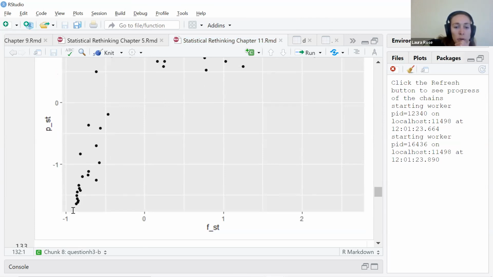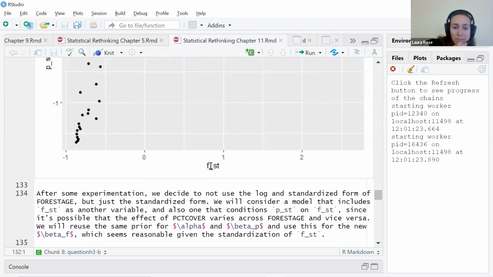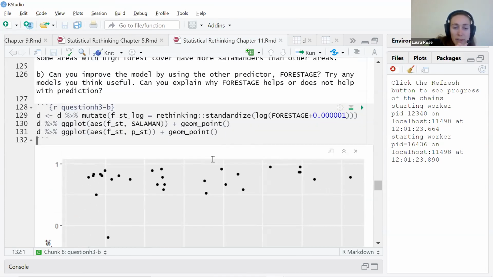We have this low forest age down here, and then basically no relationship, I guess. But I was like, well, maybe there's a slight relationship with the higher forest ages over here. Probably a little bit of wishful thinking on my part, to be honest. I'm trying to think what this means.